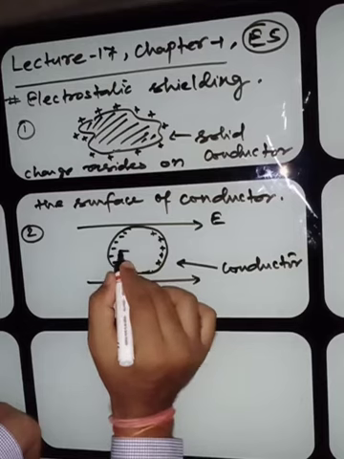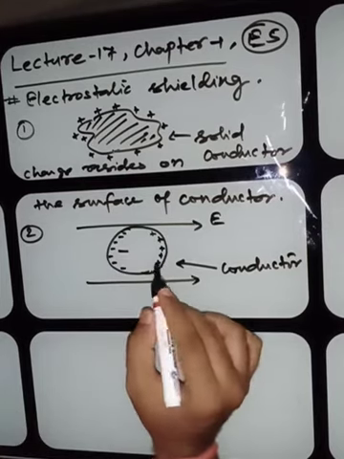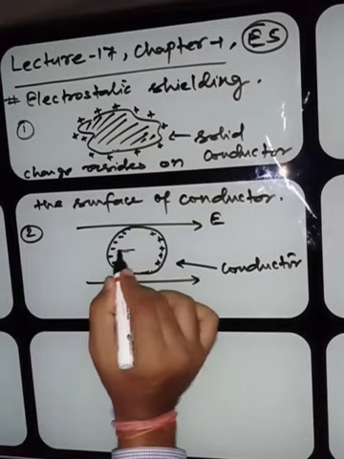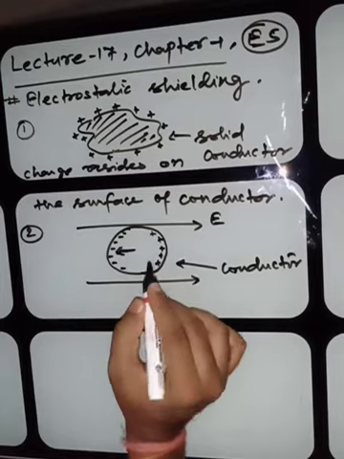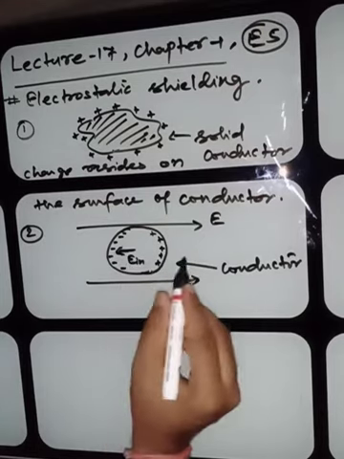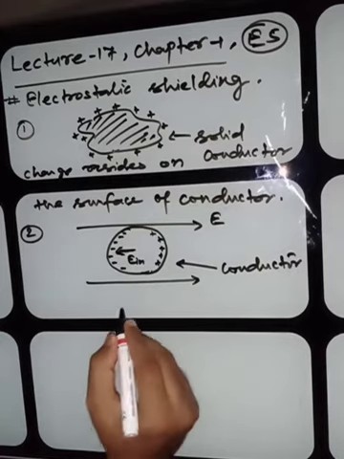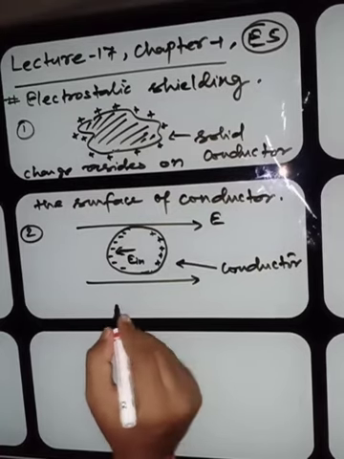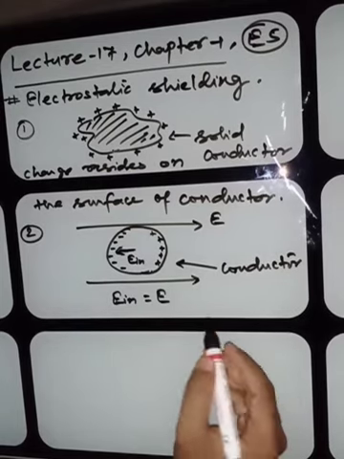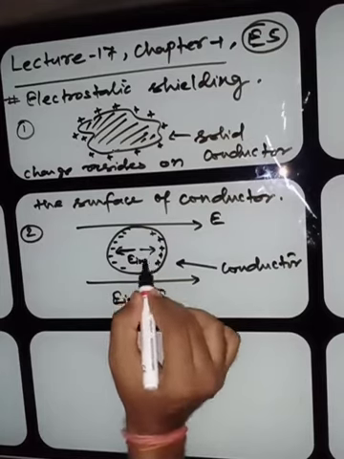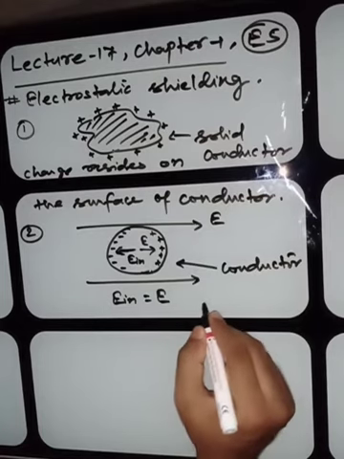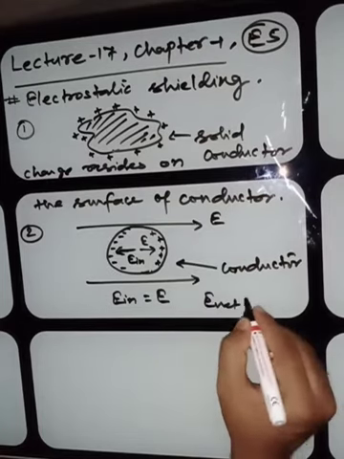The external electric field is in this direction, and an induced electric field will be there, equal to the applied field, E in equals E, and both are in opposite directions. So both cancel out. Hence E net will be how much?